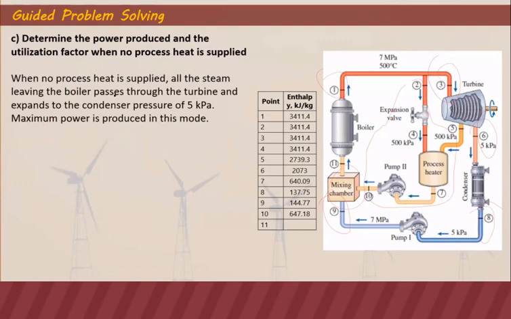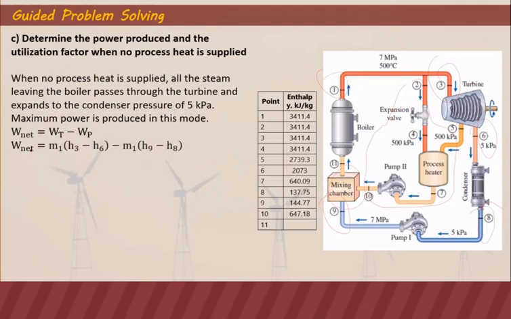So maximum power is produced in this process when there is no process heat supplied. All the steam will pass through the turbine and expand to the condenser pressure of 5 kPa. So our net work, or the power that will be produced, is the work of the turbine minus the work of the pump.